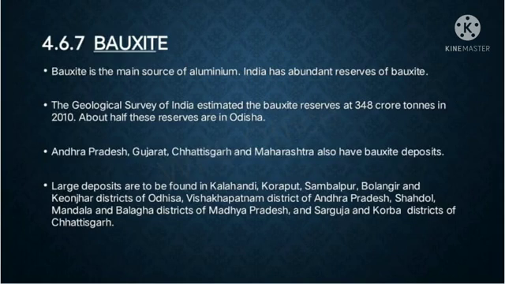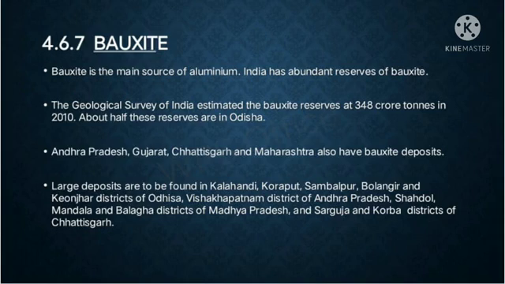Bauxite. Bauxite is the main source of aluminium. India has abundant reserves of bauxite. The Geological Survey of India estimated the bauxite reserve at 348 crore tons in 2010. About half these reserves are in Odisha. Andhra Pradesh, Gujarat, Chhattisgarh, and Maharashtra also have bauxite deposits.